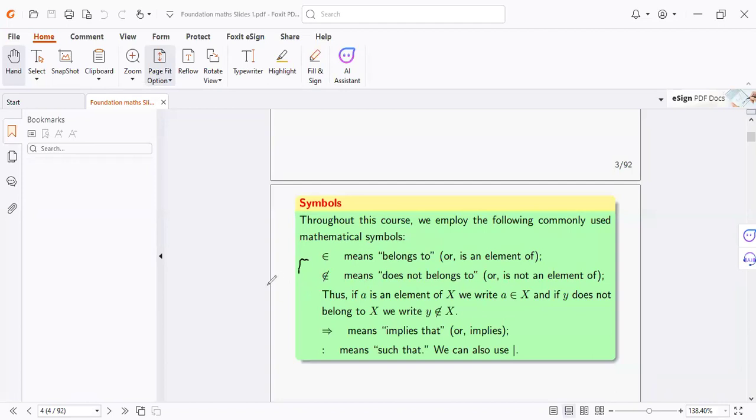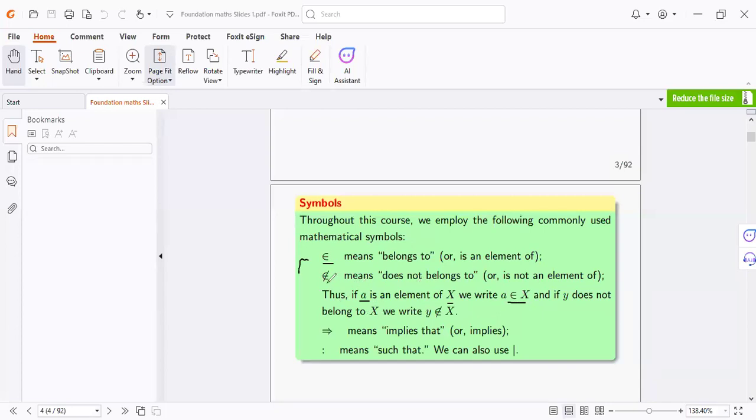The symbol for a member of, or belongs to, means it's an element of. For instance, if A is an element of X, then we write it this way, to mean A is a member of X, or A belongs to set X. A set is just a collection of objects.